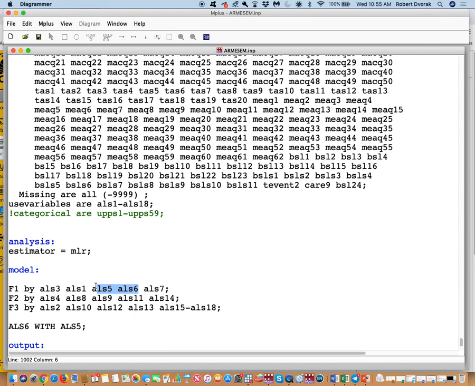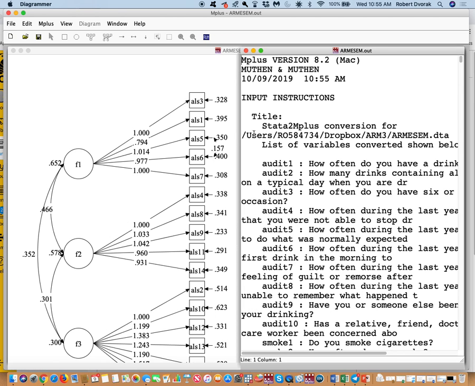Importantly, ALS 5 and ALS 6 are also in the same latent variable, right? And so this is another indication that it might be just some sort of error, if you can say, hey, look, these two things seem to be correlated, or these two things are within the same latent variable. So we hit save, we hit run.